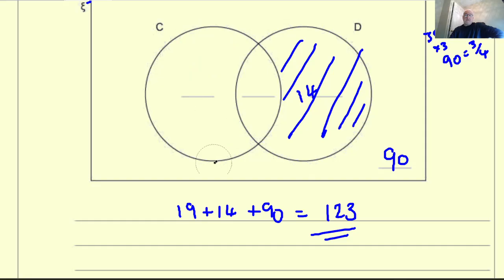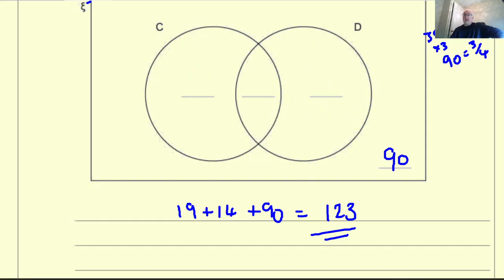Okay. Now it's at this point that you start thinking, if it was 18 people here and 13 people here, because 1 was in the middle, 18 plus 1 plus 13, that's going to give me 18, 19, 32.